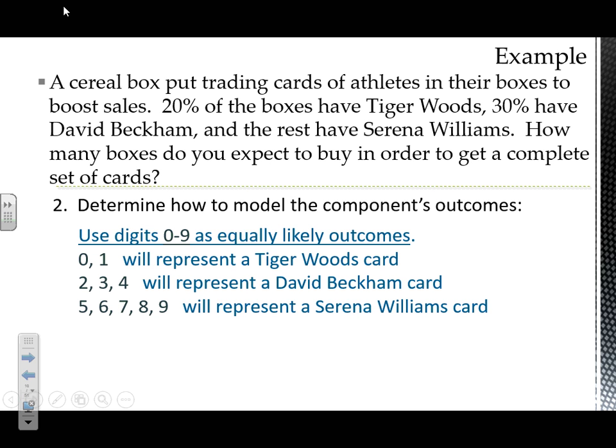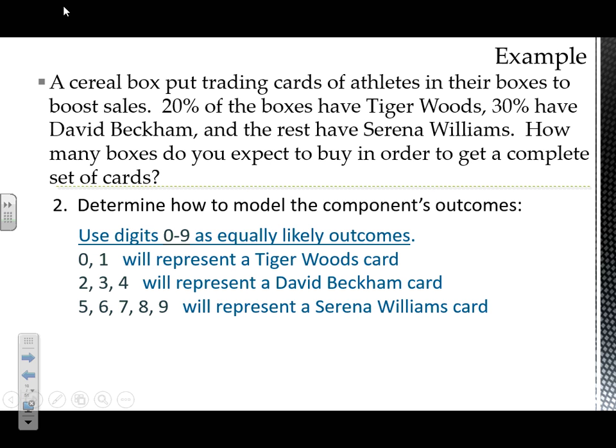Now, could I have just as easily said 6 and 7 will represent Tiger Woods, 8, 9, and 5 will represent David Beckham, and then the rest are Serena Williams? Yeah, it doesn't matter how I assign it as long as Tiger has a 20% chance of coming up, David Beckham has a 30% chance, and Serena Williams has a 50% chance.